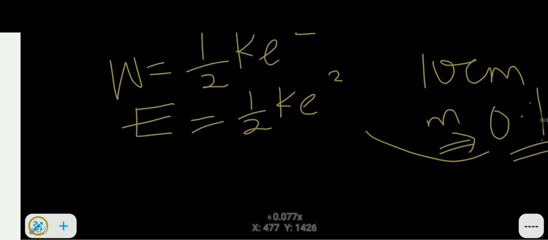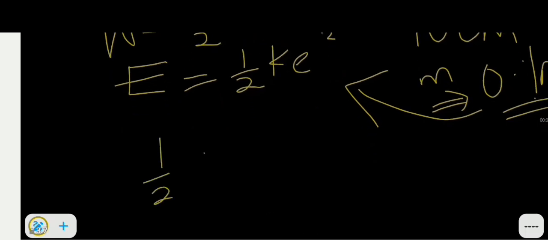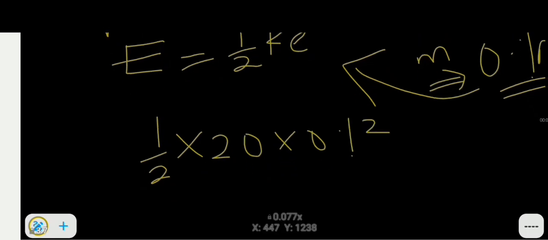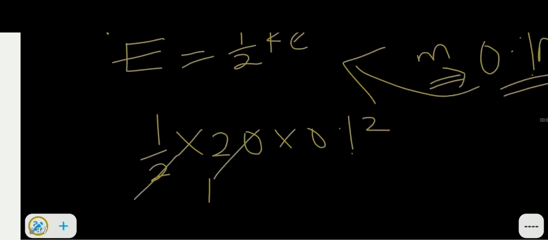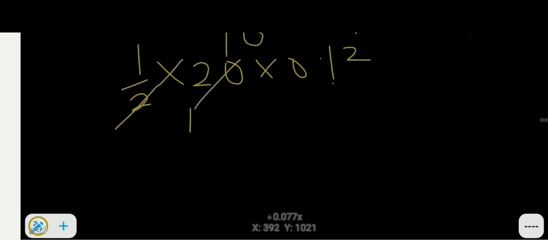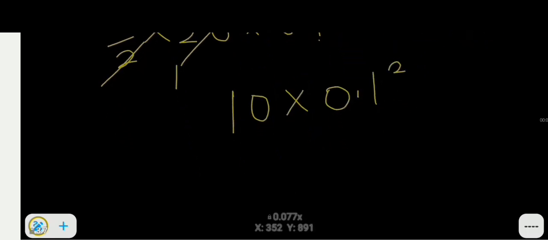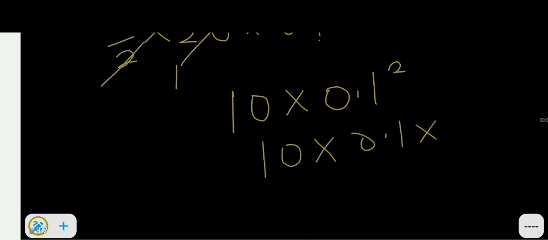So plug everything into this equation. Okay, and don't forget that the value of K is 20. So you're going to get 1 over 2 times 20 times 0.1 squared. So 2 here, 1, 2 in 20 is 10. So you're going to get 10 times 0.1 squared, which is the same thing as 10 times 0.1 times 0.1. 10 times 0.1 will give you 1.